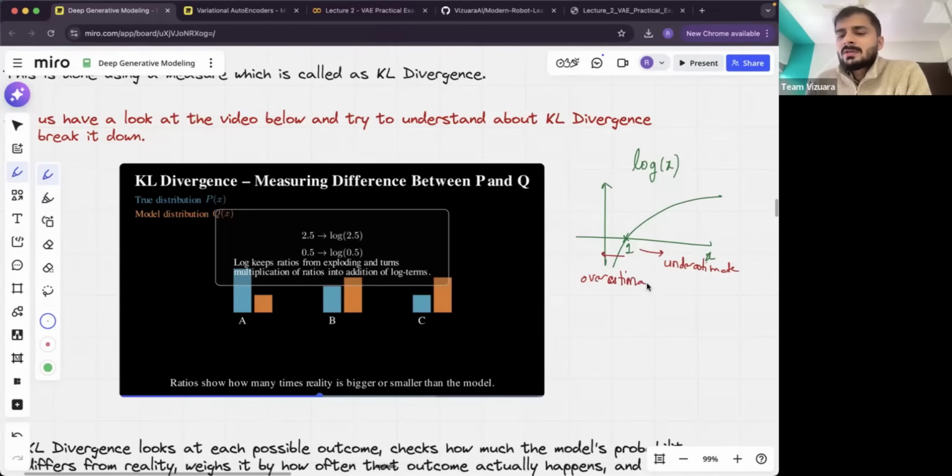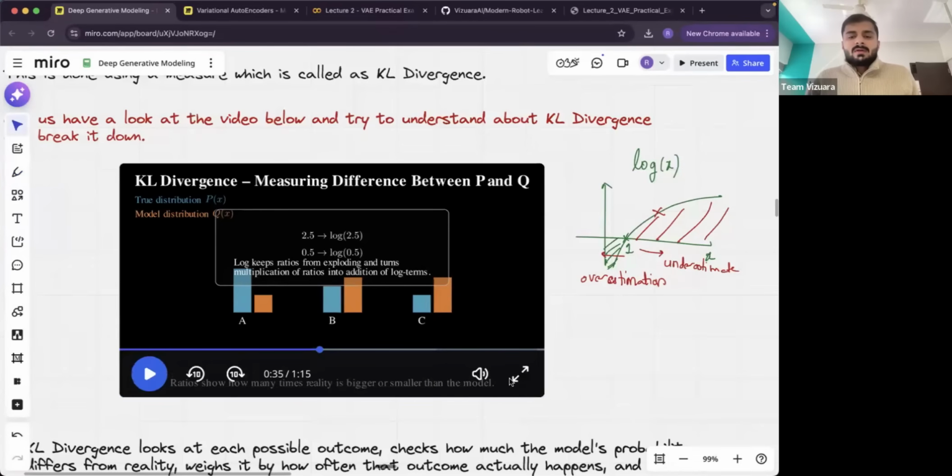So why log is used is because logarithm converts these values into positive and negative. So now we can clearly say that whatever numbers are underestimating your observation, the logarithmic term is positive for them, and which is in this region. And whichever terms have a negative or less than 1 log value, it is overestimating because here it lies in the negative zone. So that is why people use logarithms.